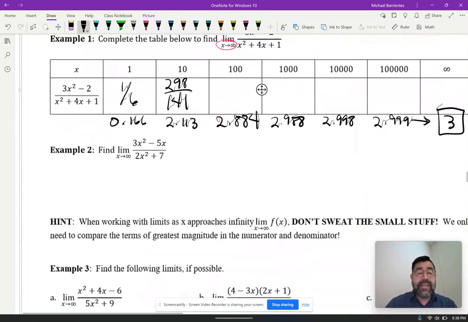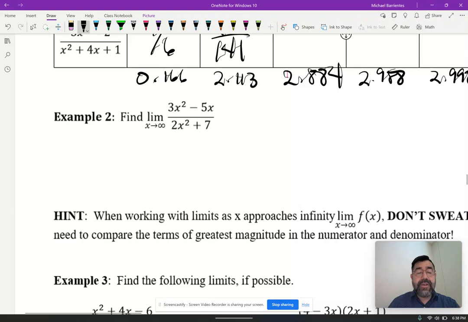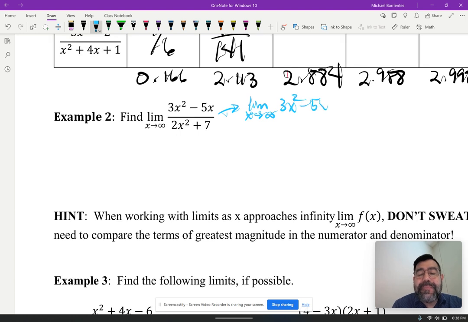And so as I come back over here, here's what we know. We talked about this when we talked about horizontal asymptotes, which was connected to end behavior: when I take the limit of the numerator, because I'm plugging in big values, really all I need to do is focus on the largest term, the biggest term with the biggest power in the numerator.